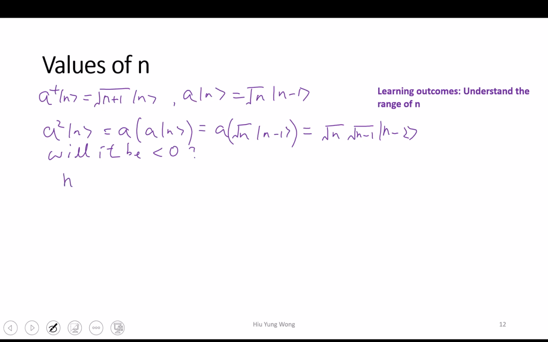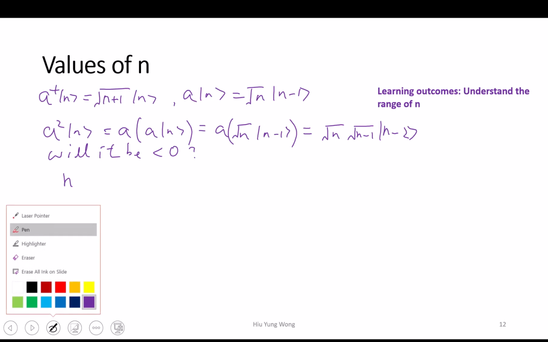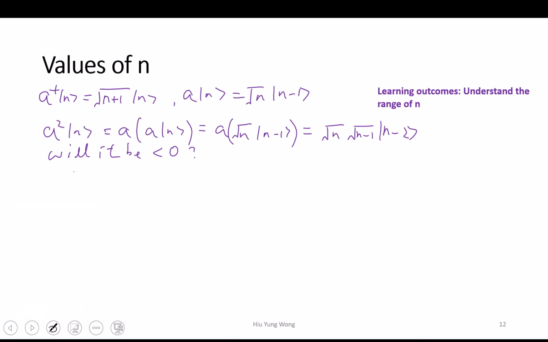If I try to find the average number of photons of this state, that is how I find it. Do you remember? Because n is the operator, you sandwich the state on the operator. This equals to a dagger a, because n hat equals to a dagger a.